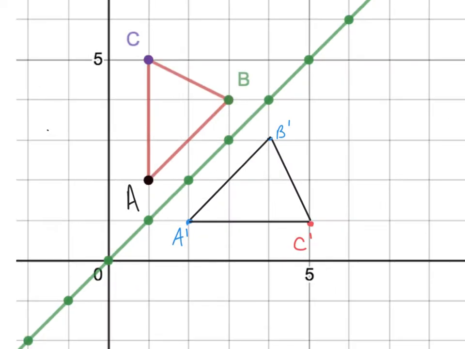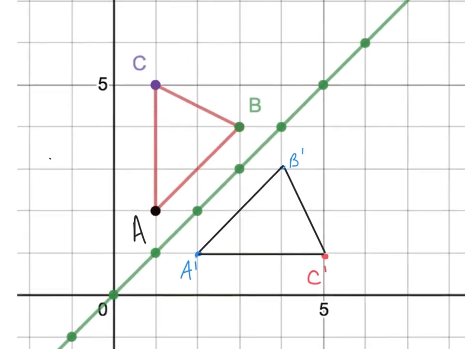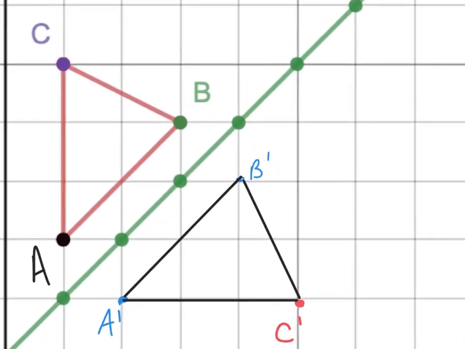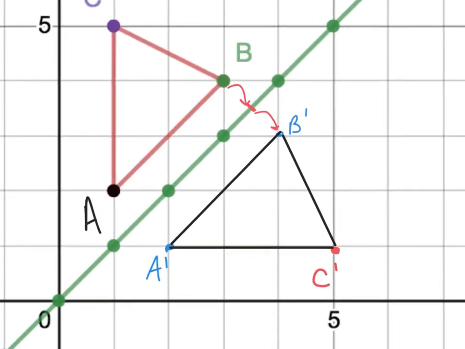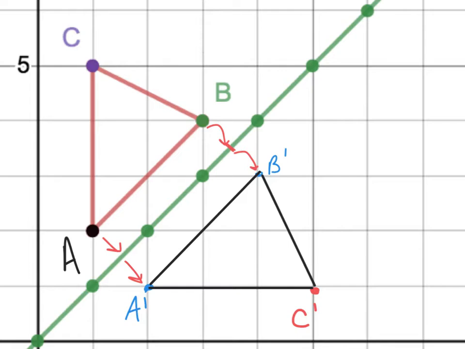There is another way of doing this if you wanted to. You could just simply count how far away your point is from the line. So if you look, the point B is half a jump away from the diagonal. It's not a full jump. So we're going to jump another half, and boom, that's where B prime is. The point A is also half away from my diagonal, so I'm going to jump another half. And then C is 1, a half, another half, so 2 jumps now, so 1, 2.